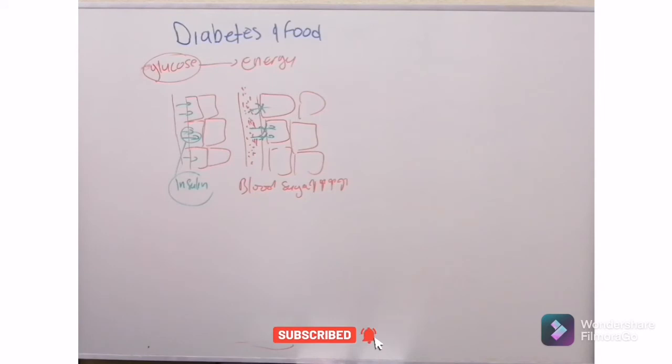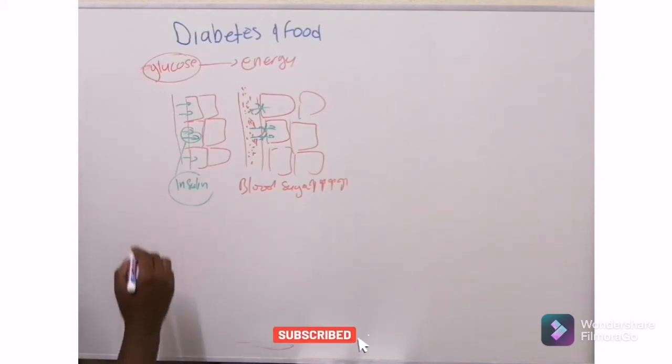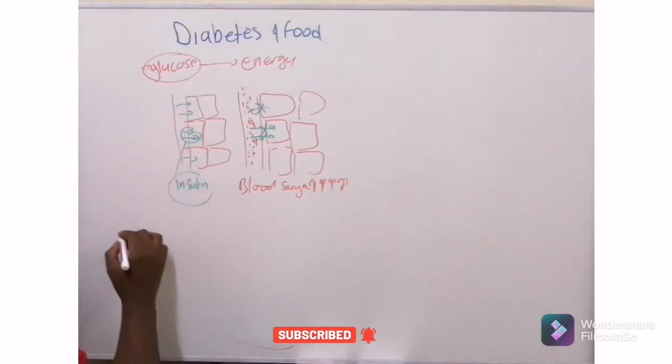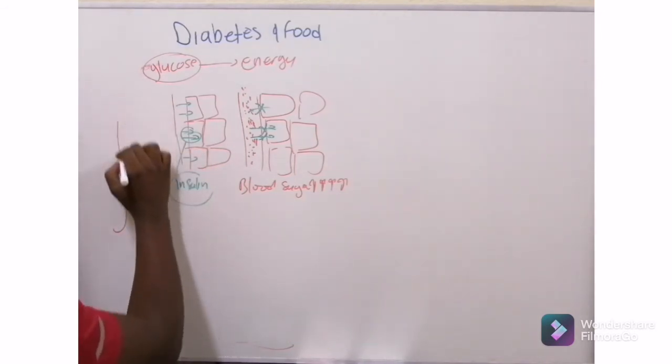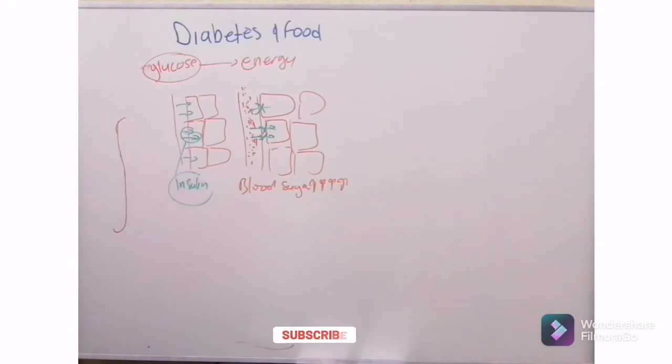So let's make an example. Let's say I feel hungry and I take 500 mils of Coke with a burger. My blood sugar is going to shoot. It's going to be very high.